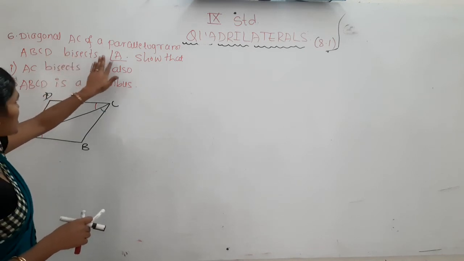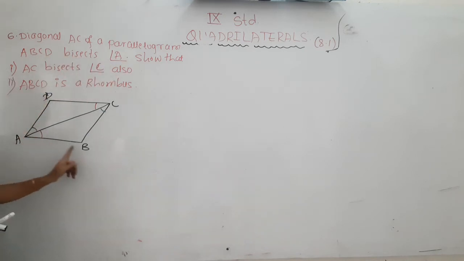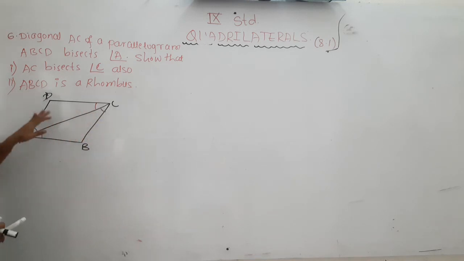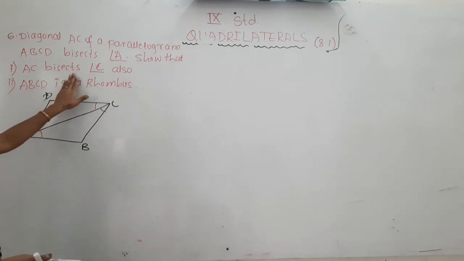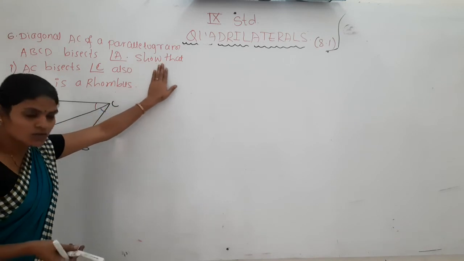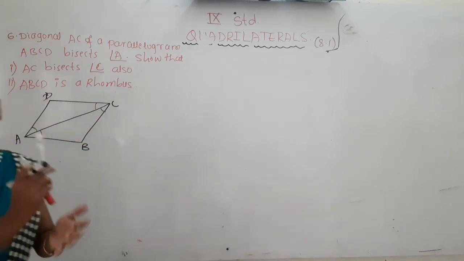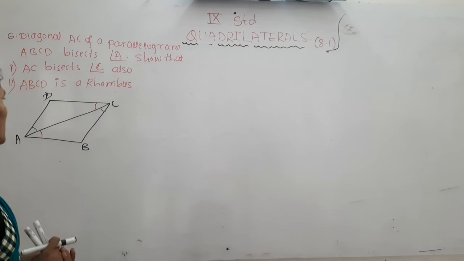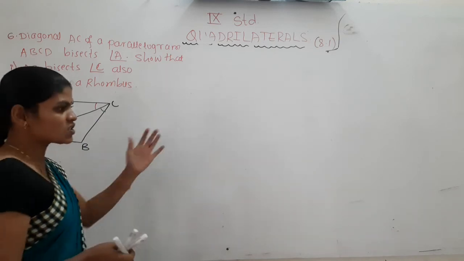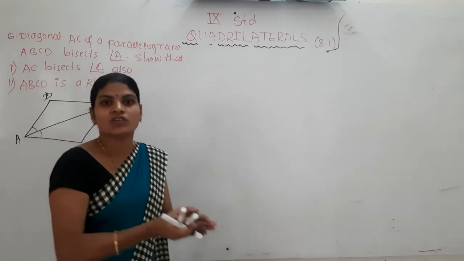If AC bisects angle A, then we have to show that AC also bisects angle C, and one more thing: that ABCD is a rhombus.